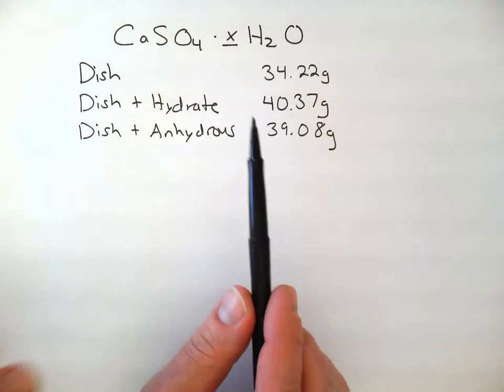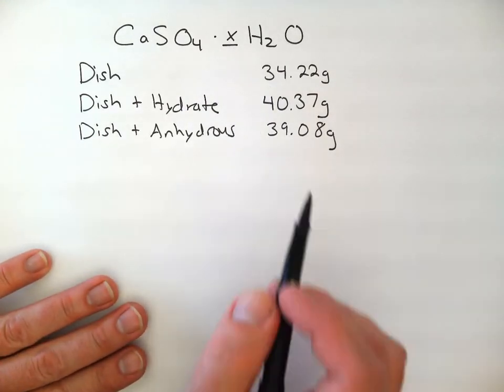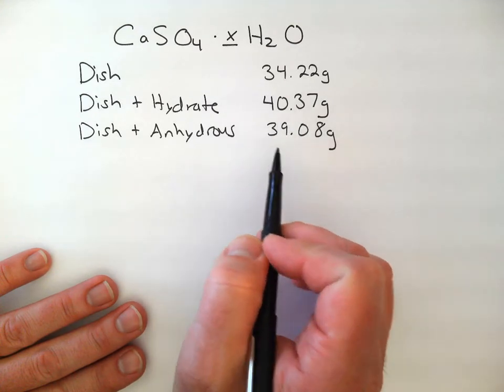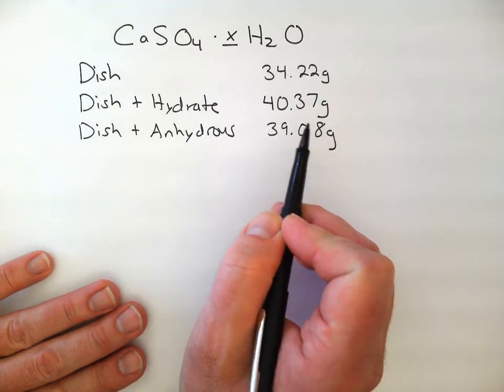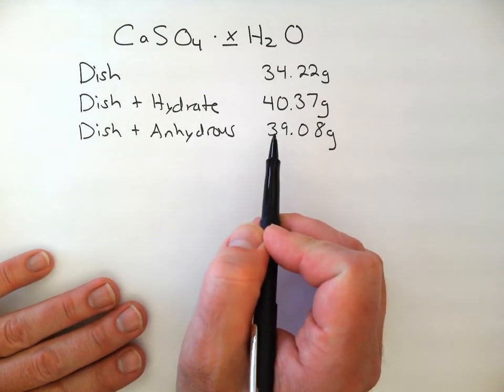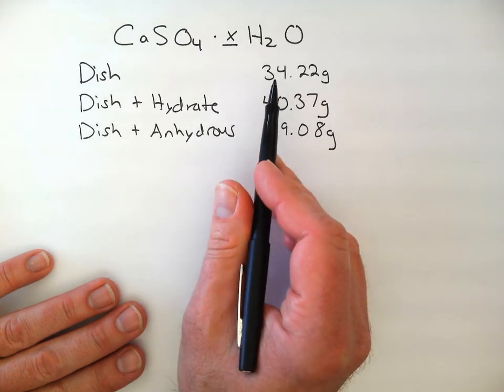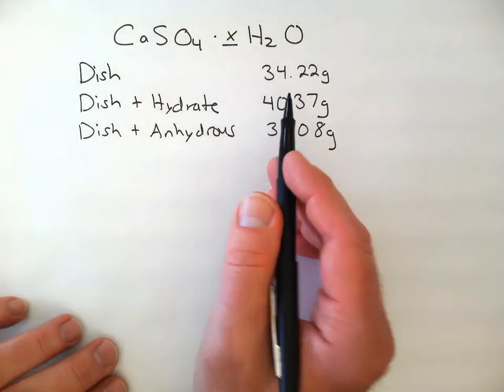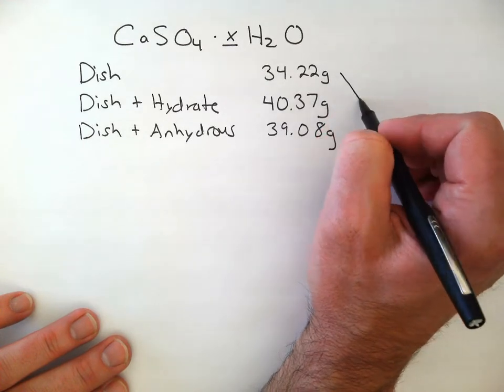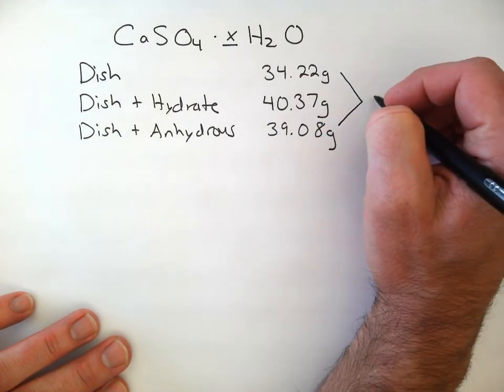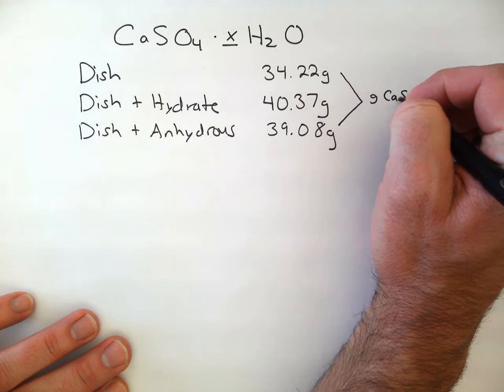So, using our lab data, how are we going to get the mass of the calcium sulfate? Well, the calcium sulfate, the anhydrous, is what's left at the end, this 39.08. But that includes the weight of the dish. So I don't want the weight of the dish in there, so I'm going to subtract those two masses to get the grams of calcium sulfate.